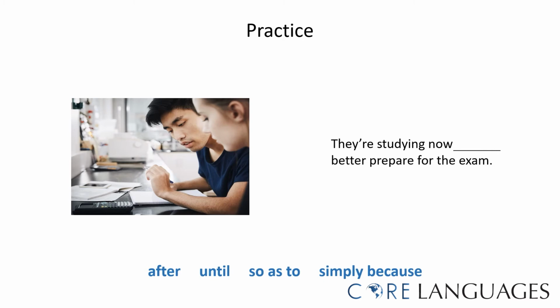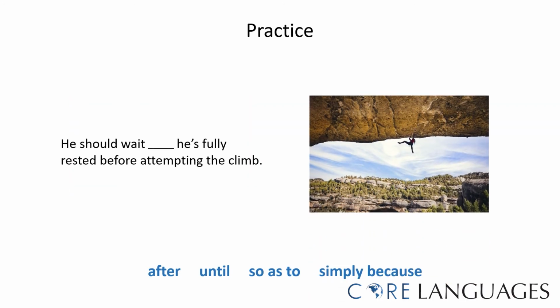The correct subordinating conjunction is so as to. They are studying now so as to better prepare for the exam. This sentence begins with the main clause, they are studying now, and the subordinate clause is so as to better prepare for the exam. And how about this example?